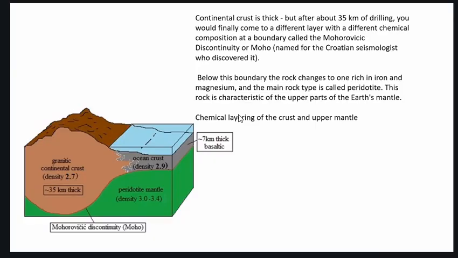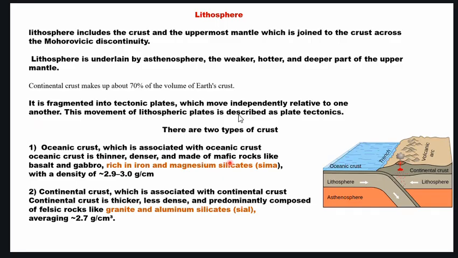We have the lithosphere, which I have already explained, right? The lithosphere is mainly the crust, both the oceanic crust and the continental crust, with some small upper mantle attached to it, which is joined to the crust. The separation is at the Mohorovičić discontinuity, like I said earlier. So the lithosphere is underlain by the asthenosphere.